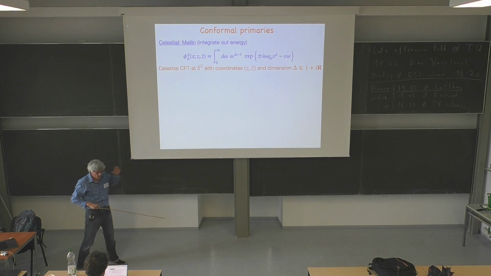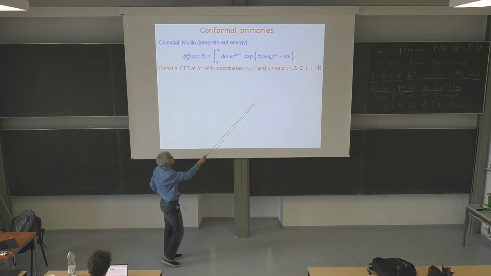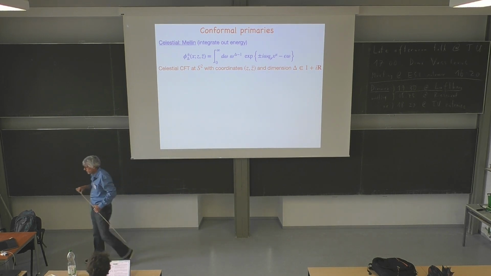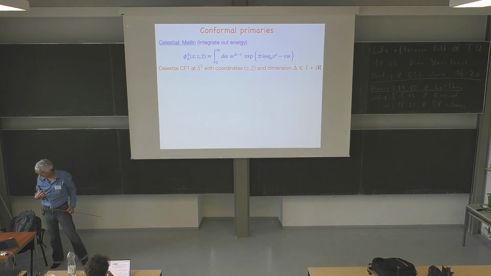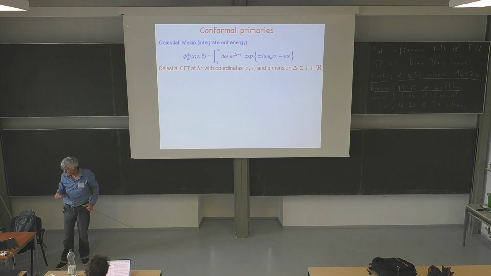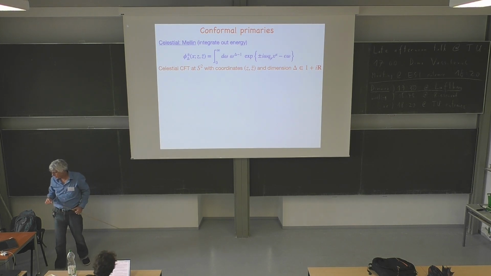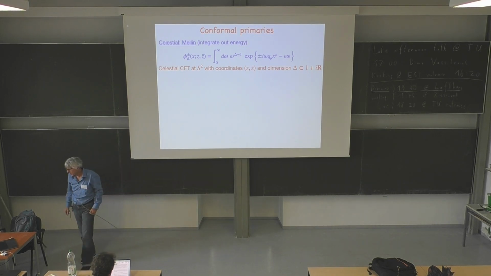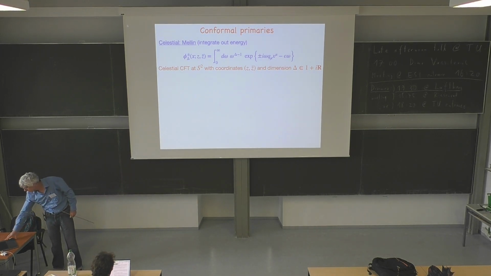When you look at the spectrum of this operator, you will see that the dimensions are constrained to be 1 plus i R, but you can relax this condition by analytic continuation. This is how you construct the operators in the celestial approach by performing this Mellin transformation.